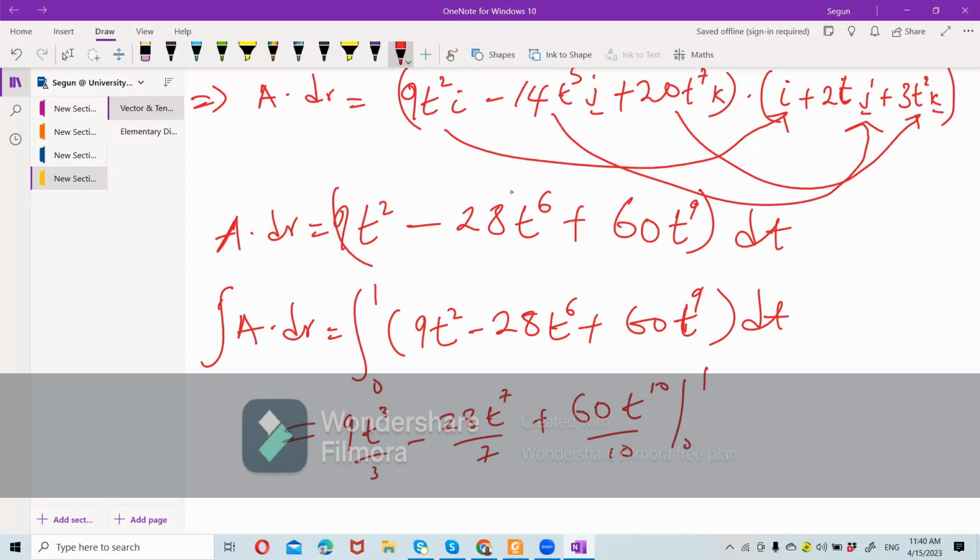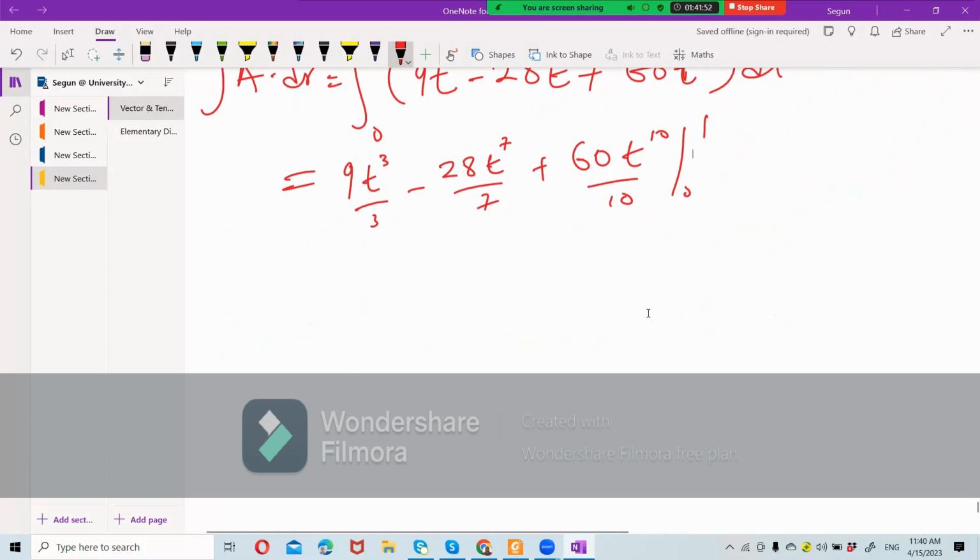I want you to punch your calculator for those of you that have one. You can now say upper limit minus lower limit. If you substitute the lower limit here, everything will be 0, so you don't need to bother yourself. Just substitute the upper limit alone.